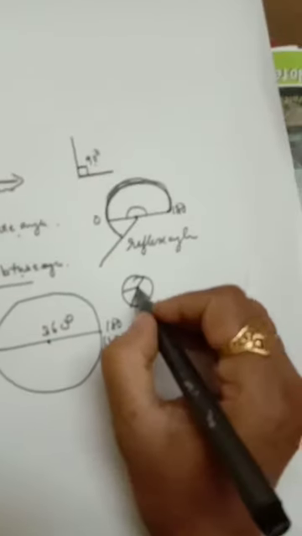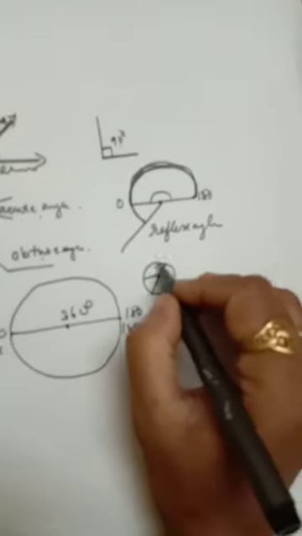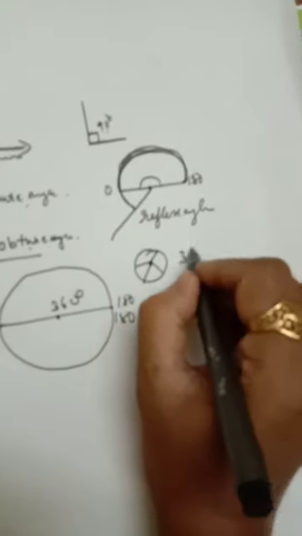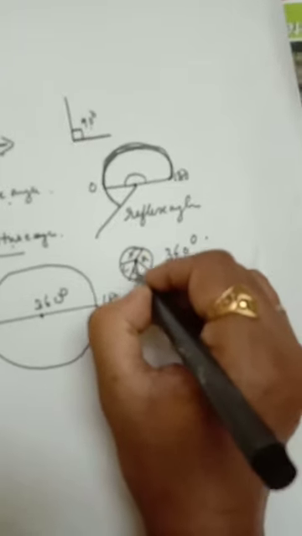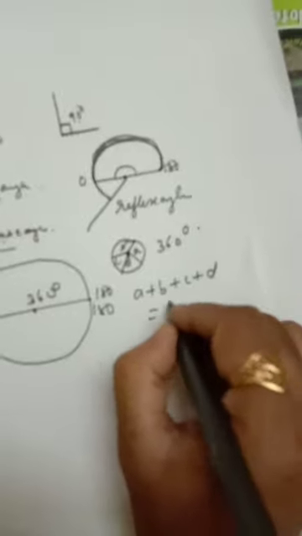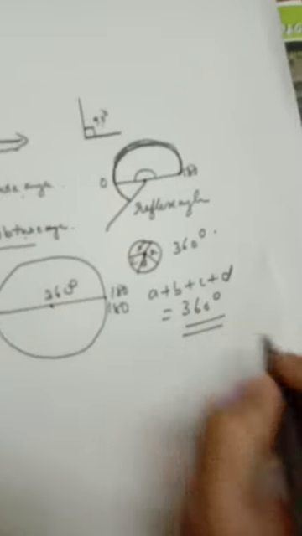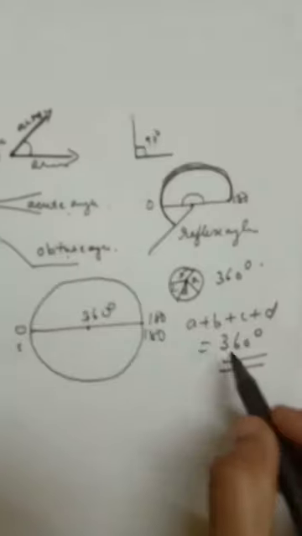Okay, so angle around a point equals 360 degrees. You add A, B, C, D angles. When you add these four angles, you will get 360, a complete angle. This is called a complete angle.